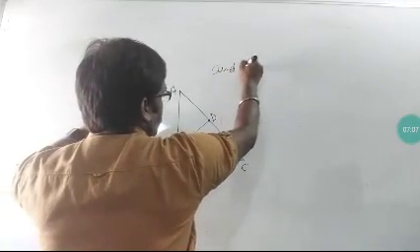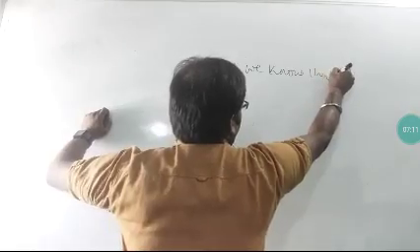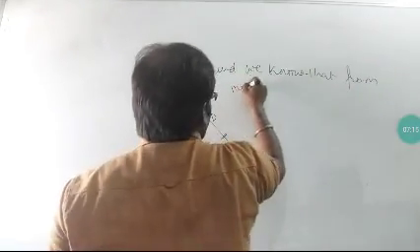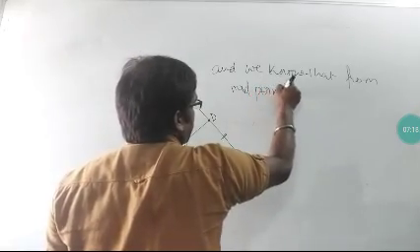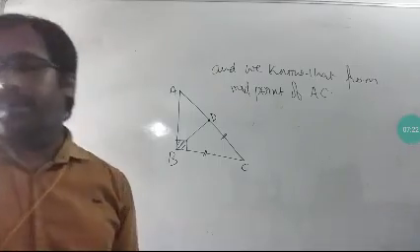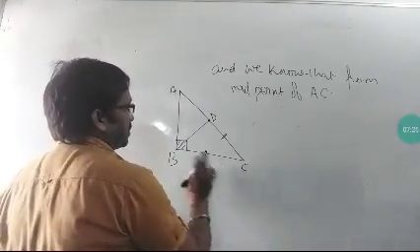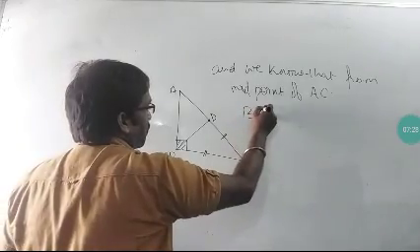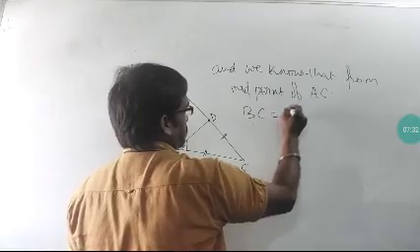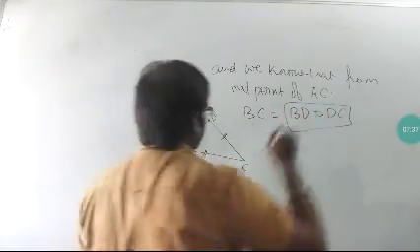Okay, now from the midpoint of the hypotenuse AC, as I just explained, all these three sides are equal.